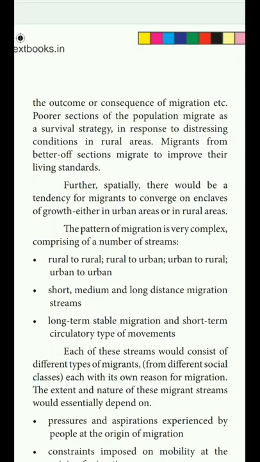What are the factors responsible for the poorer section and the better off section to migrate? That is one question. The poorer section of the population migrates as a survival strategy in response to distressing conditions in rural areas. The better off section migrates to improve their living standard.